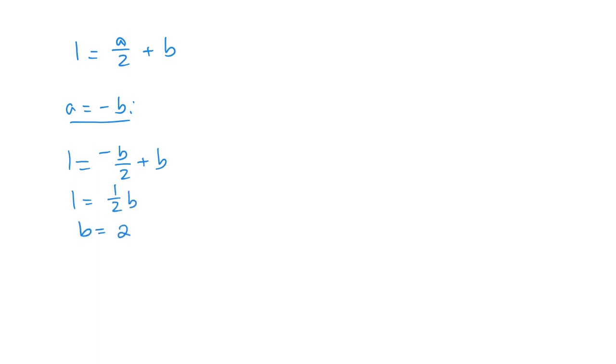So our top equation is 1 equals a over 2 plus b, and we've said that a equals minus b, so we can say 1 equals minus b over 2 plus b, so that's 1 equals a half b, so that means b is 2, and therefore a is minus b, so it's minus 2.